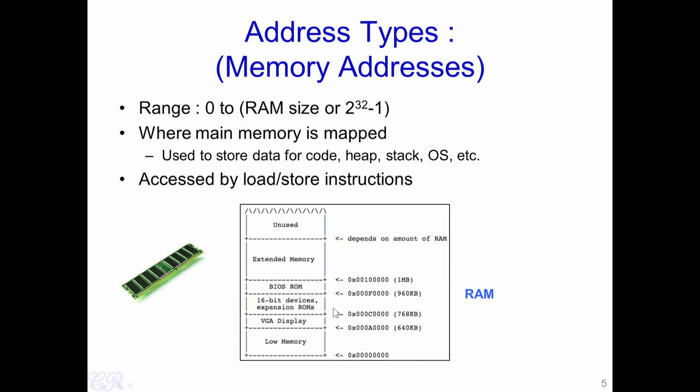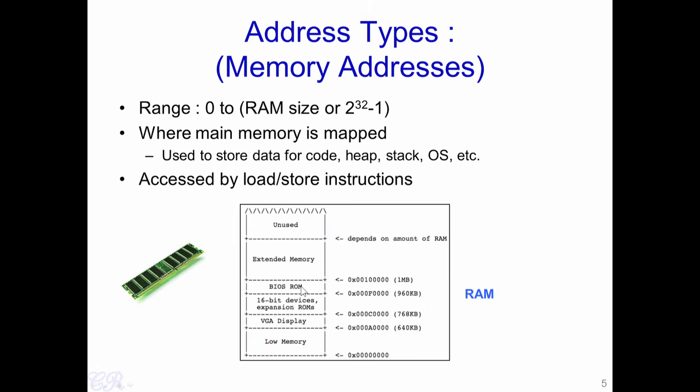Now, what is important for us and what we still use in the present Intel systems that we use for our desktops and laptops is this particular region from 960 KB to 1 MB. So, this was where the BIOS resides.